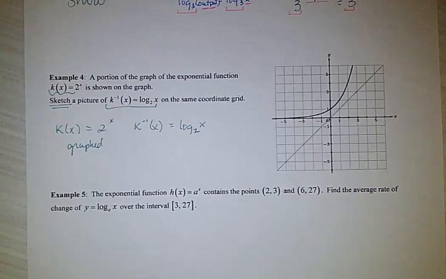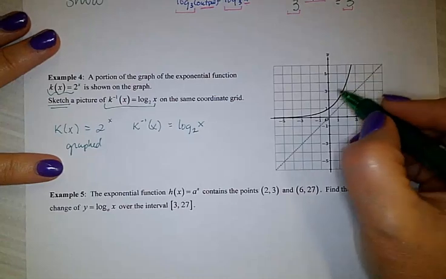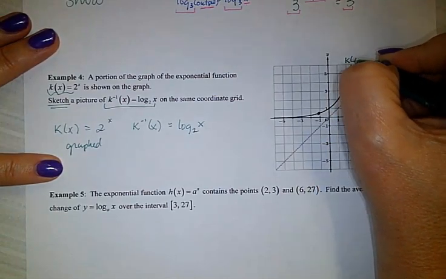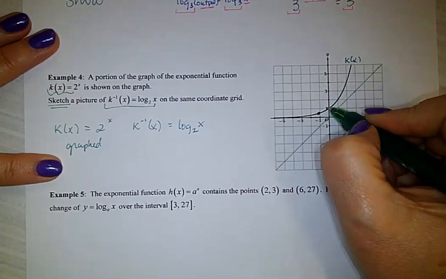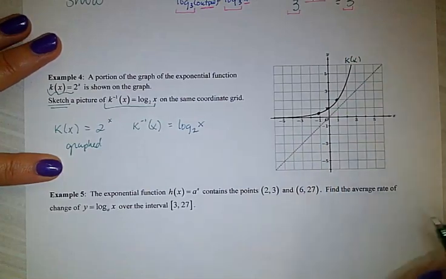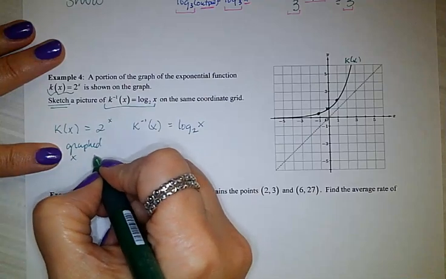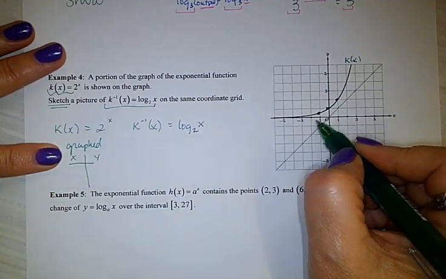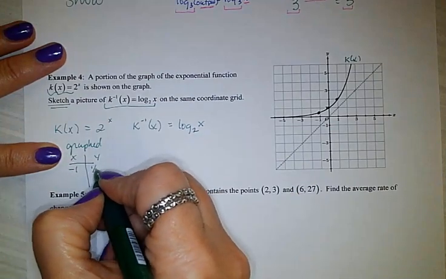So when I graph inverses, remember domain and range trade places. So I'm going to come over here to my graph and grab this point because this is k of x. And this point looks good, and how about this point? And so I will use those 3 points. So x and y, and so it looks like I am at negative 1, 1/2.